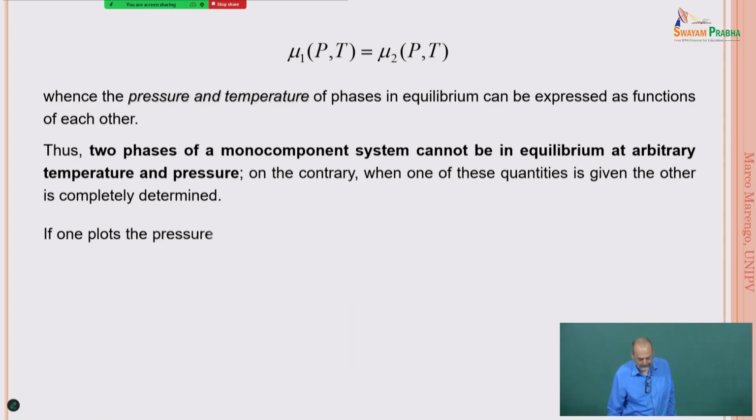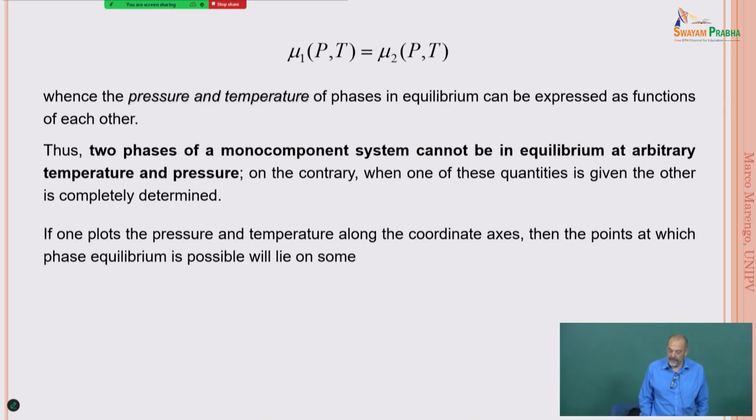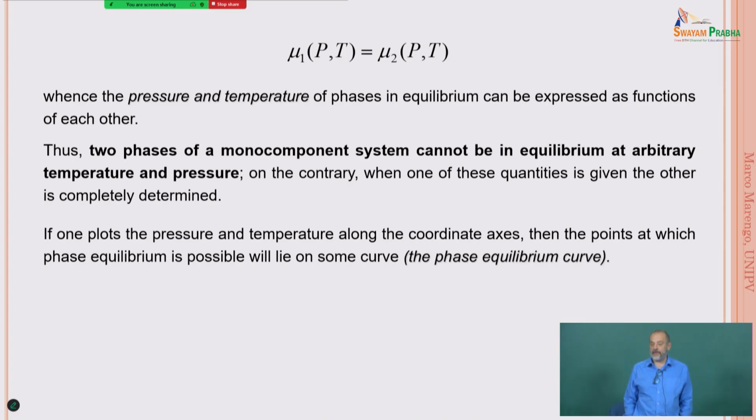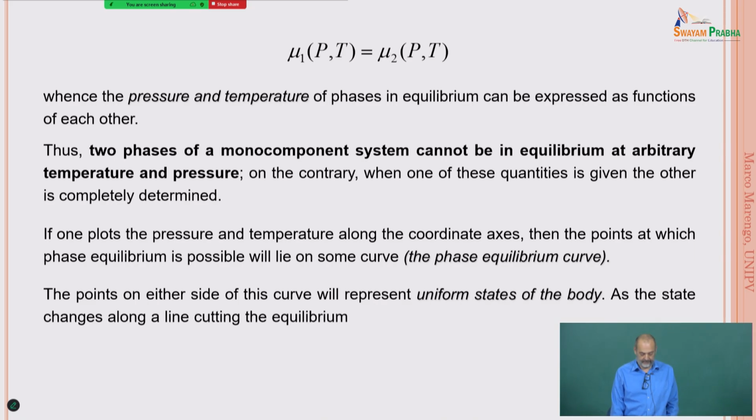So when we have two phases of a monocomponent system, the system cannot be at any arbitrary temperature and pressure, but if we measure the temperature, we are going to have one pressure and vice versa. If we know the pressure, we know the temperature. So in fact, we have one curve. And in this way, we can build, for example, the Clausius-Clapeyron chart, graphs, okay?